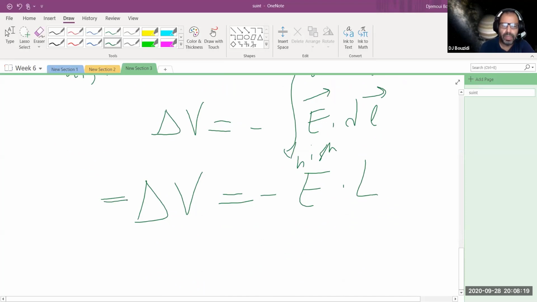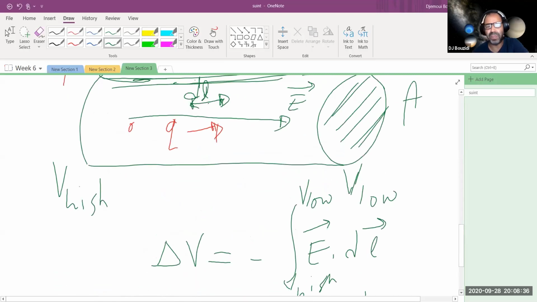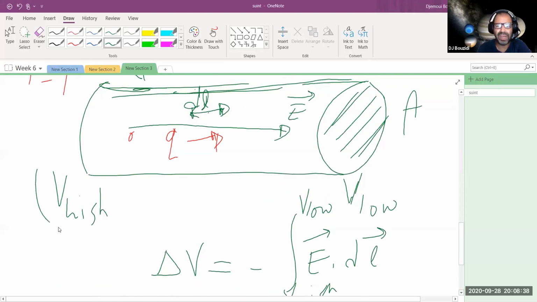So the entire expression is going to be minus V high minus V low, which is expected to be minus EL. So in other words, the difference in potential is going to be just, which I'm going to label by V, by the way, instead of carrying this V low, V high. So this difference in potential, I'm going to call it V.